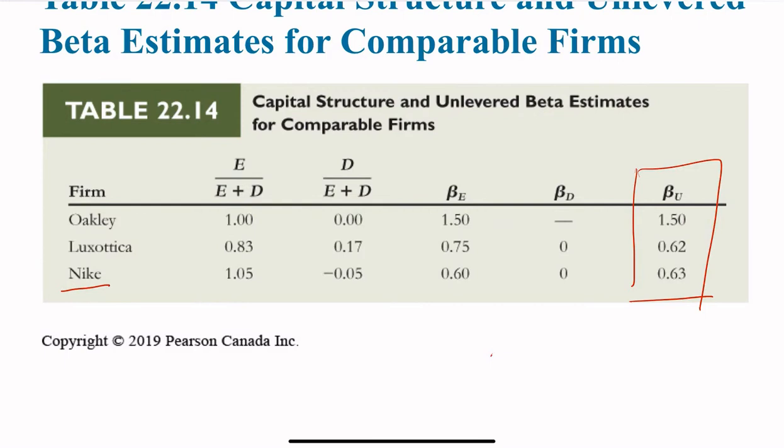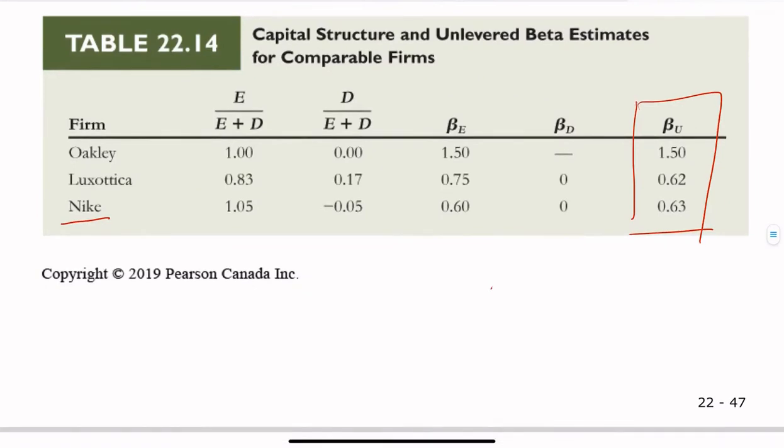Now, as the financial modeler, you will want to ask, so which number should I use, right? Should I just use the average of these 3 numbers? Or should I dig deeper and think about the firms' businesses? Well, if you follow the textbook, it uses the second approach.